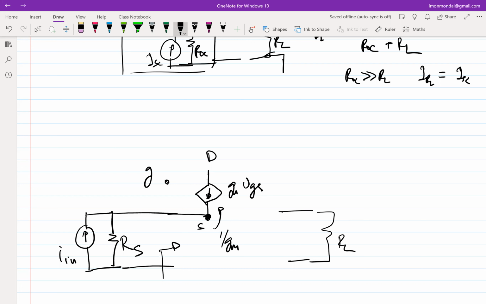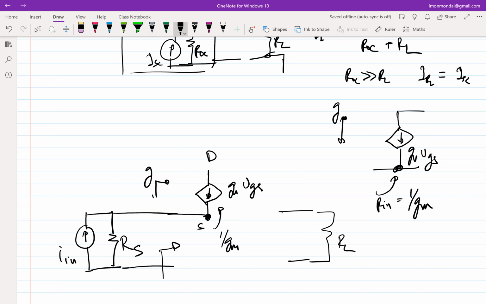So what I'm saying is you have this contraption, and I'm saying that looking in impedance R in is 1 over GM. What am I essentially saying? You cannot do anything with the source. What is the gate condition? Is the gate connected somewhere? Is it shorted? Is it floated? It's shorted. Incrementally, it should be shorted, right? So gate should be short circuit incrementally.